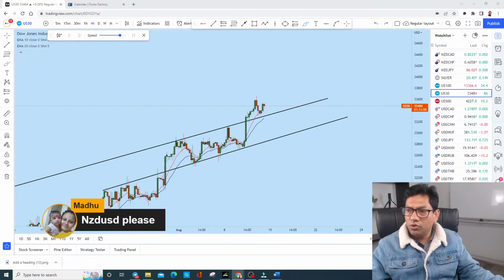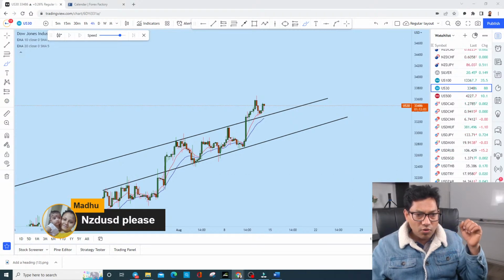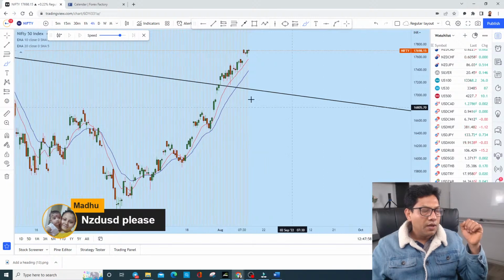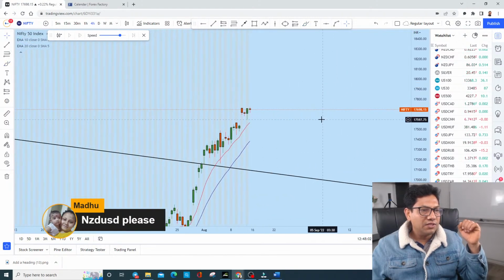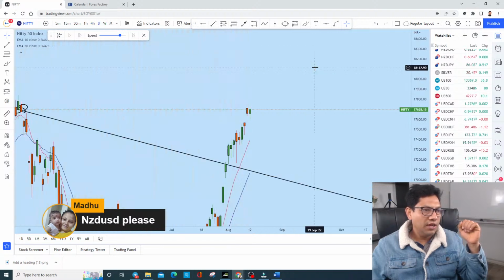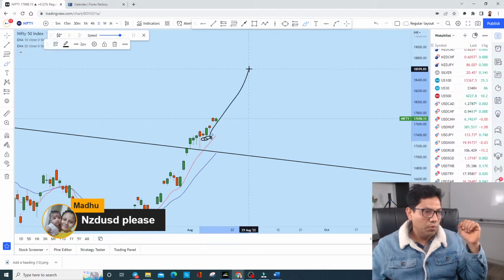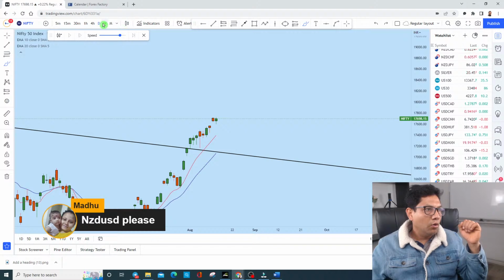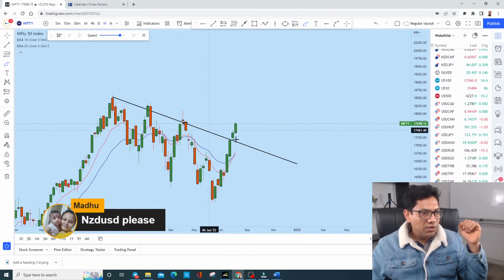Okay, so let's look at Bank Nifty. I saw that some of you are asking for Nifty. Now, Bank Nifty is an Indian stock, I know, but it's a bullish market. Looking at the daily, we see that there was a gap opening when the price was here. This is exactly what I mentioned, that this price is in a bullish move. Looking at the weekly, the price has now broken out of this resistance.